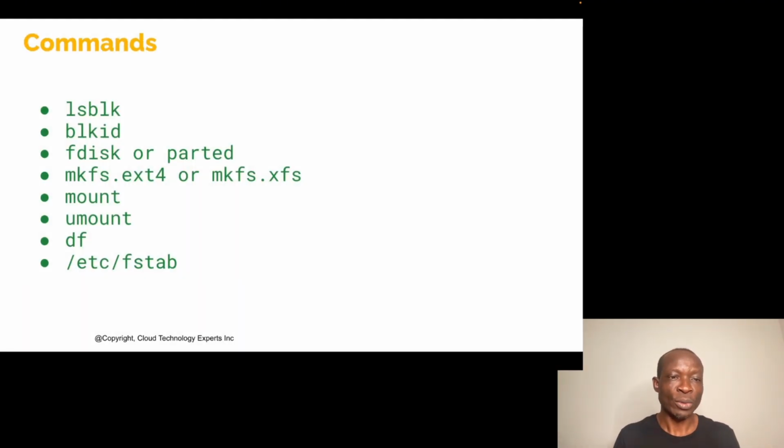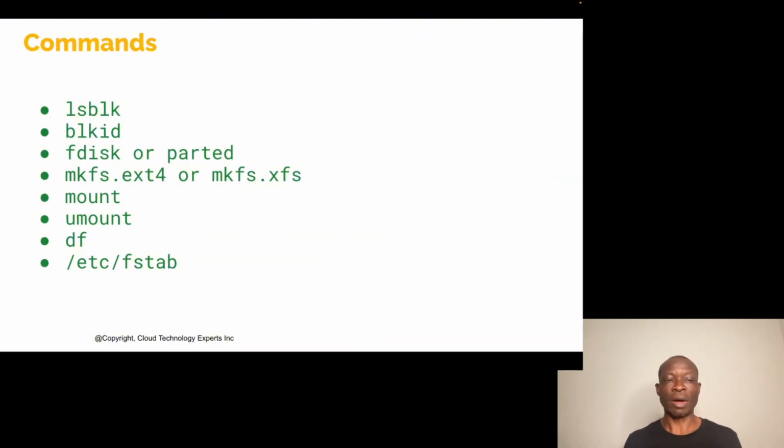These are the commands we'll be using: lsblk to list all the block devices, blkid to get the ID of a block device. Then we're going to use fdisk or parted to do the partitioning. Fdisk has been around for some time, but parted is fairly newer. And then to format the disk, we use commands like mkfs.ext4 or mkfs.xfs.